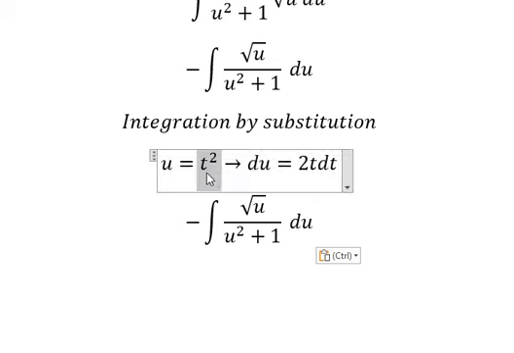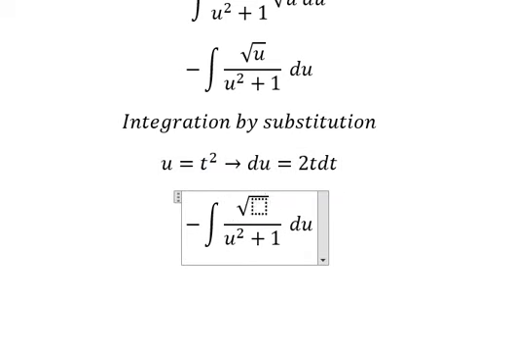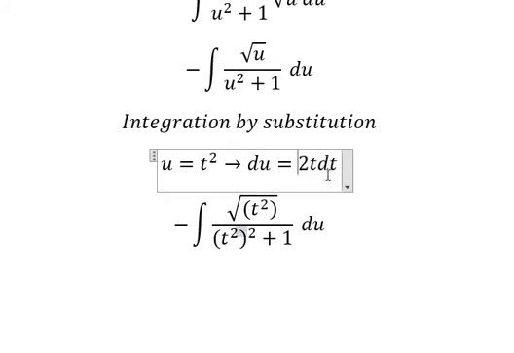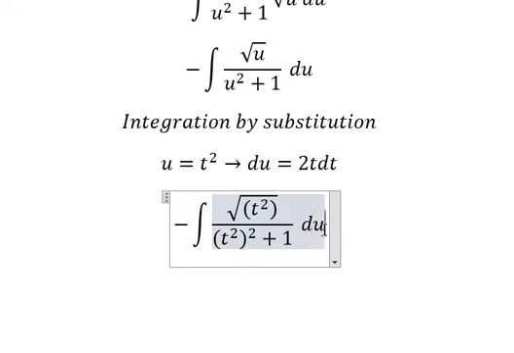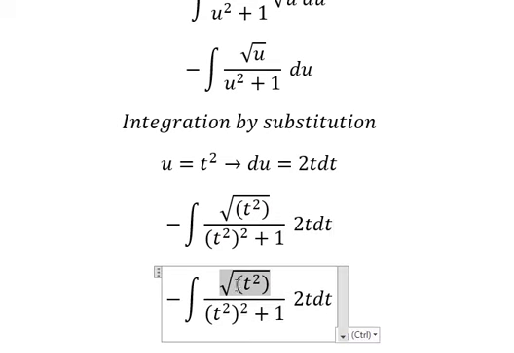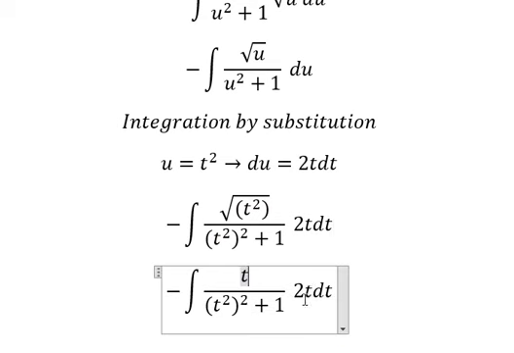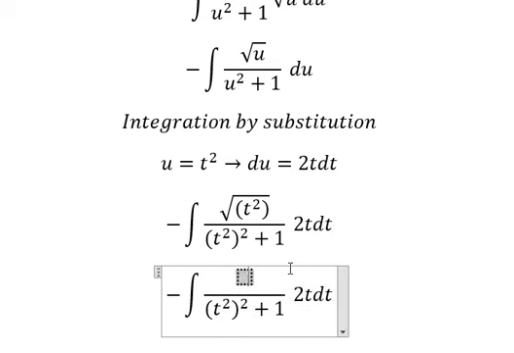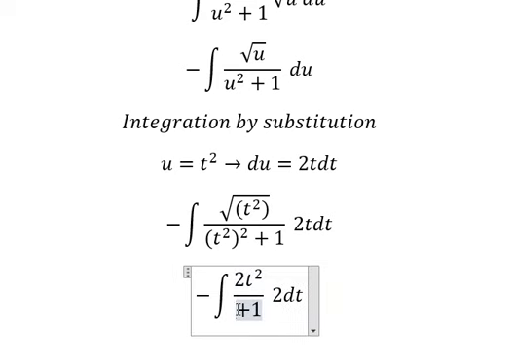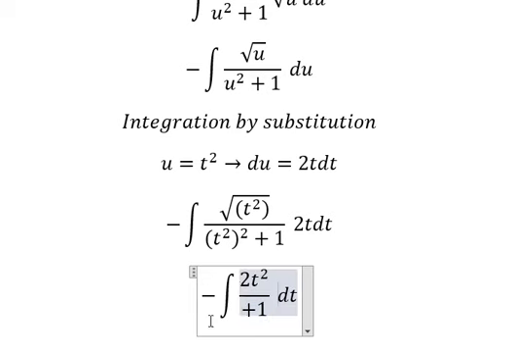So I will put this one going here and here. Du we change by this one. This one we have t and t, we have t squared. This one we have t to the power of 4.